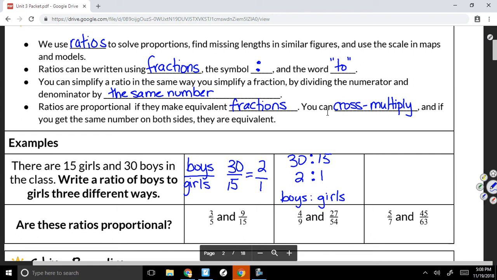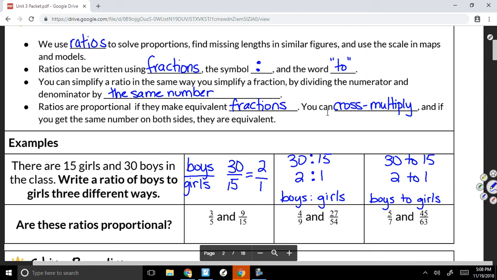The last way is to actually write out the word to. Again, they say boys first, so it's boys to girls. We would write that as 30 to 15 and 2 to 1. So our numbers aren't changing, it's just different ways of writing these ratios.